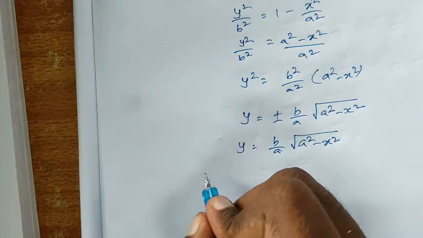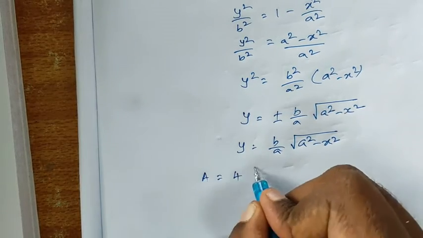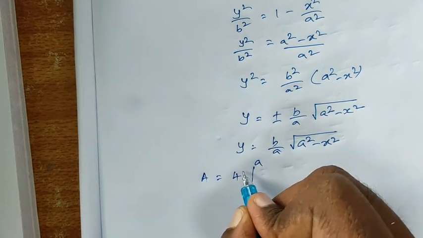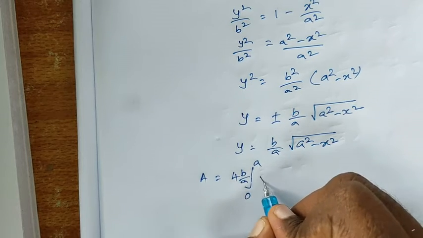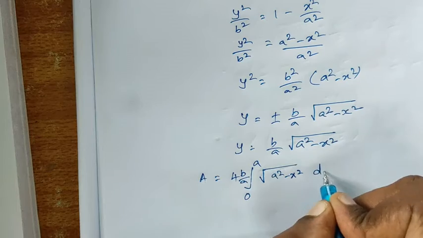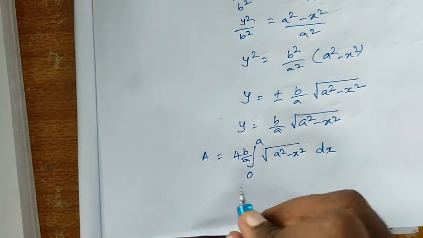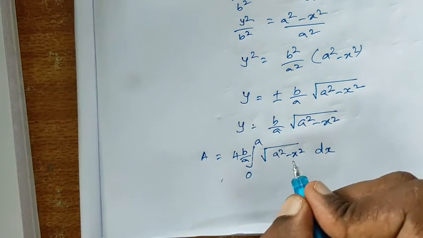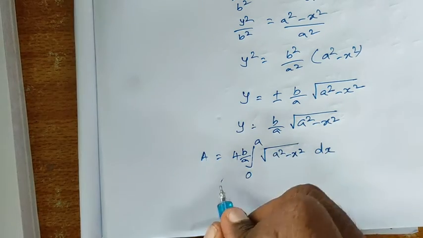So A is equal to 4 into integration 0 to a, b by a root of a square minus x square dx. So we know the integral of root of a square minus x square dx.